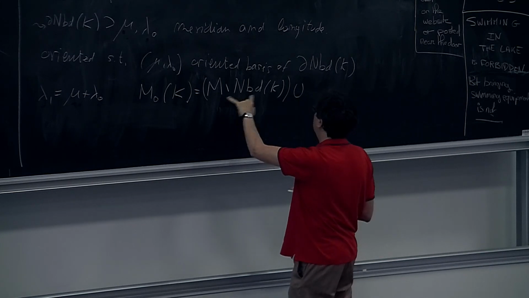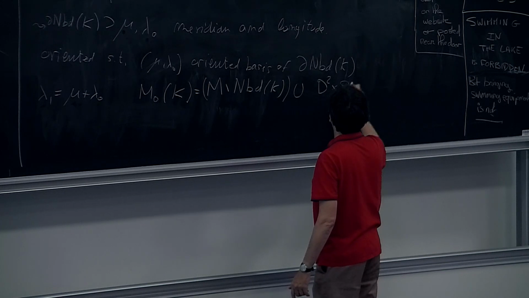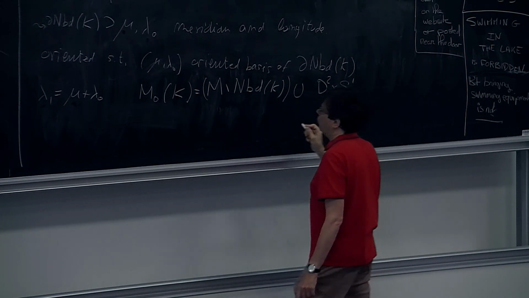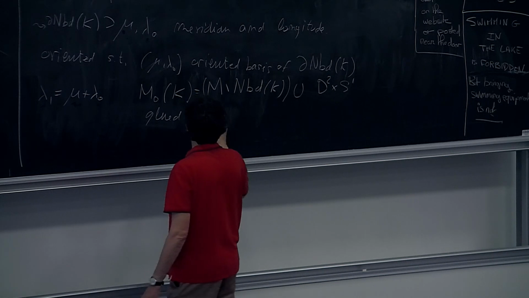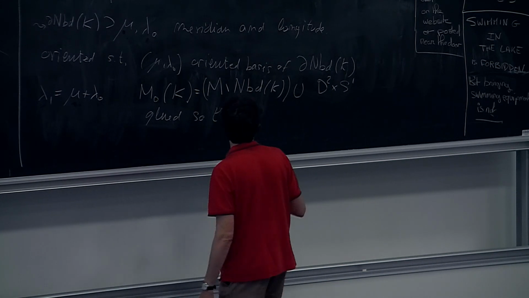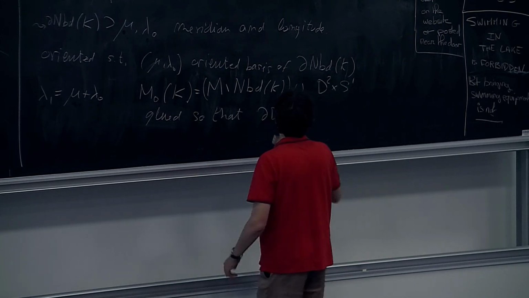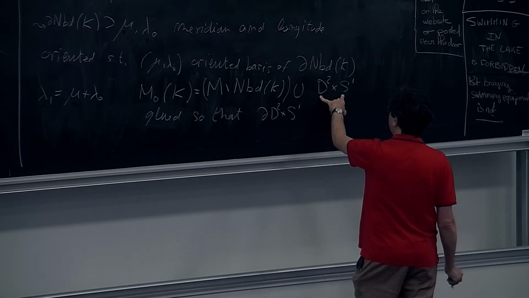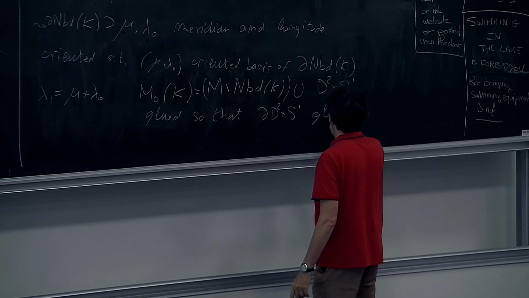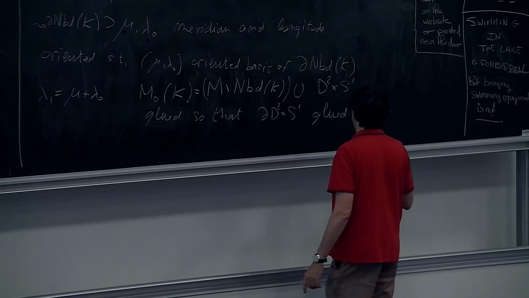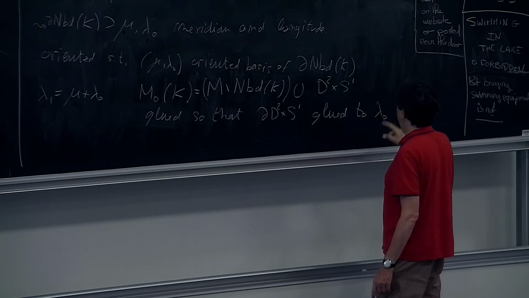And so we glue to the boundary a solid torus, D2 times S1, glued so that the meridian of D2 times S1 is glued to the longitude lambda 0.